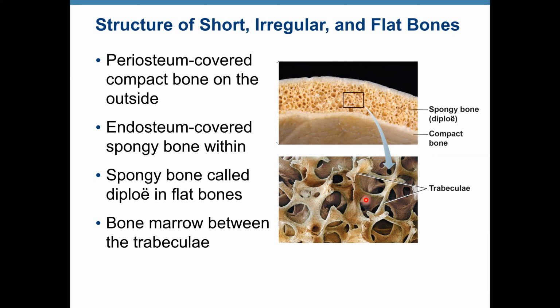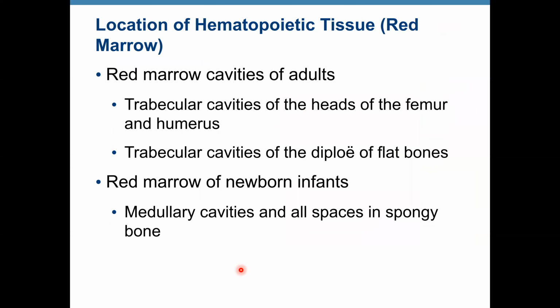In between the trabeculae, that whole thing is called diploë. Diploë is made from trabeculae, and between the trabeculae you would find bone marrow. Red marrow cavities of adults we can find in the heads of the femur and humerus, and trabecular cavities of the diploë of flat bones.